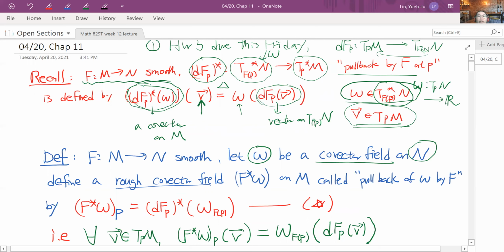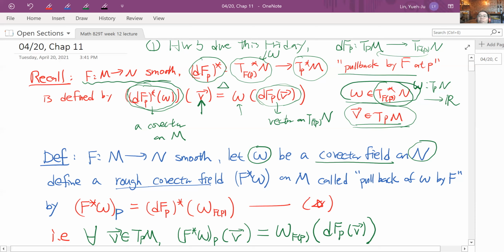So in some sense it has a better property than the push forward, because with push forward you need to be careful, right? If your map is not injective or surjective, then there will be a problem, for example, whether you have the corresponding image, right? Or maybe you will send two different things to the same image point, and they will cause some ambiguity.